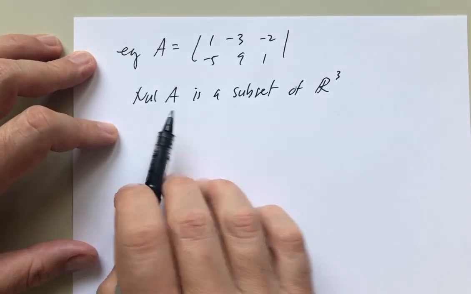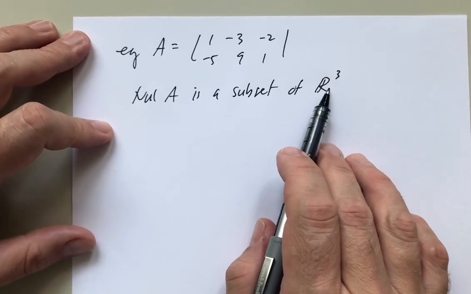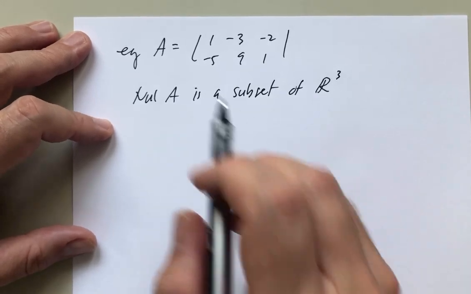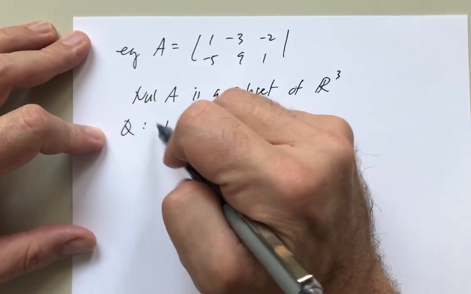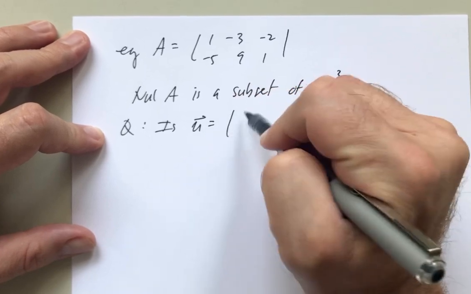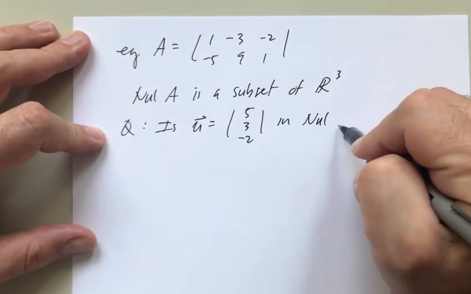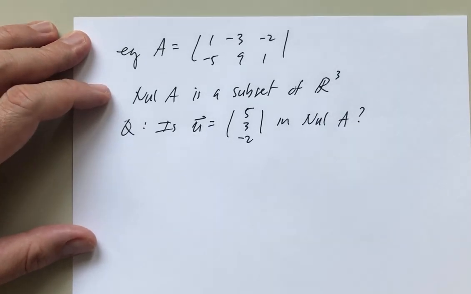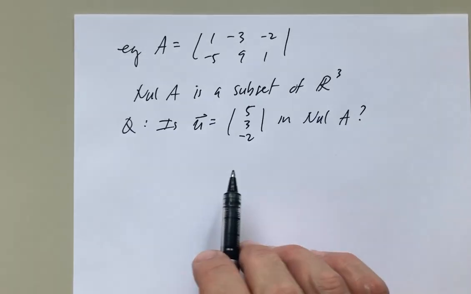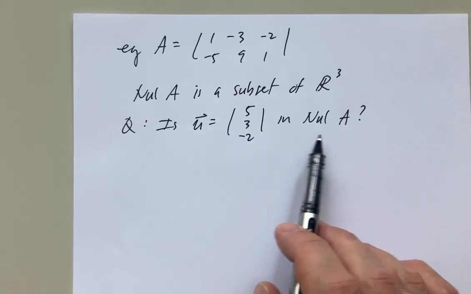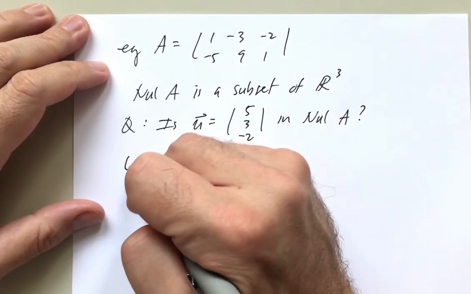All solutions to the homogeneous system will have 3 entries. Let me ask you a question. Is the vector u = (5, 3, -2) in the null space of A? This is the usual story of our favorite man on the street who gives you a vector and asks, is this in the null space of your matrix? This is easy to check.